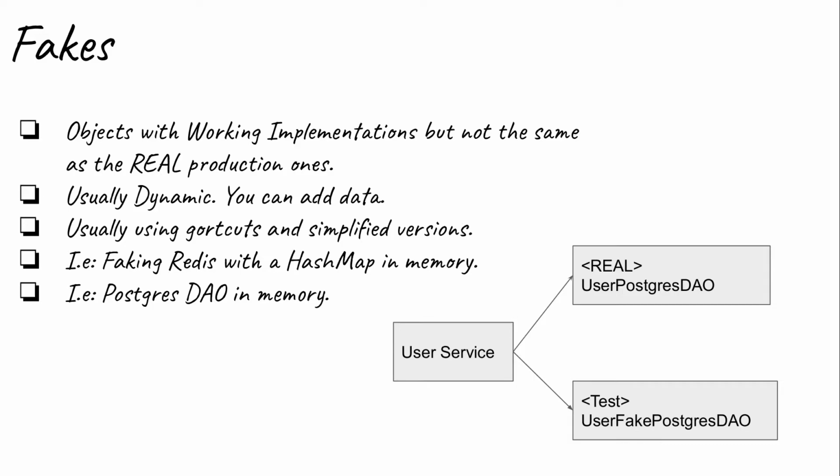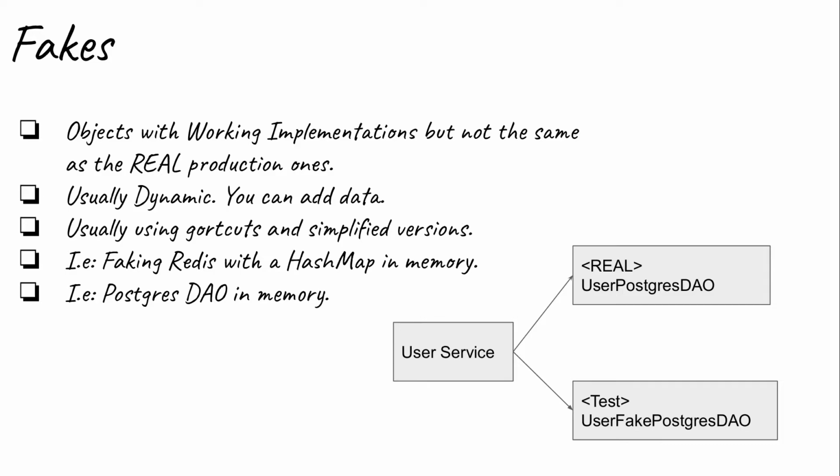So imagine you have a user service and you have a DAO repository using Postgres, or using Redis. That's your real implementation. But then with a fake, you could have a fake Redis or fake Postgres, which you could ultimately implement as a hash map.